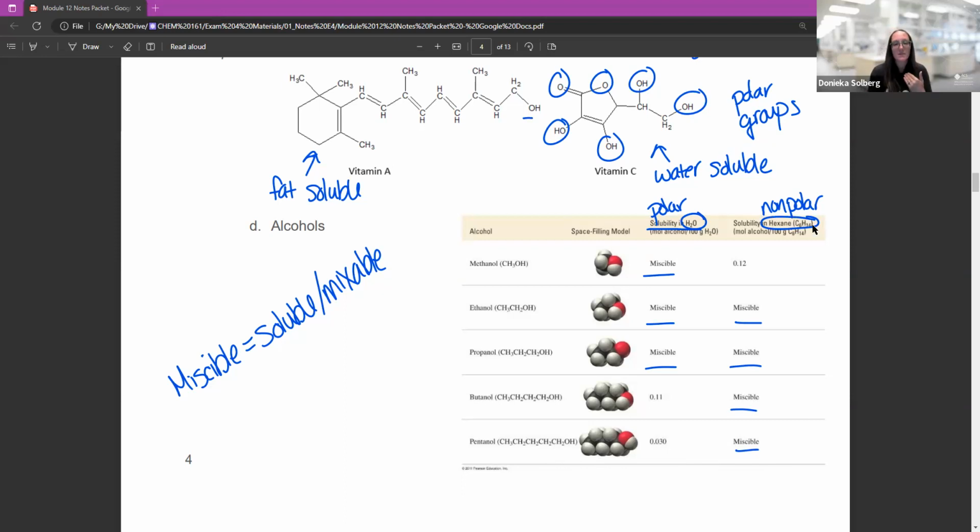Remember the whole like dissolves like thing? Hexane, C6H14, is just a bunch of carbons and hydrogens. So that is a nonpolar solvent, and this is going to be more miscible in that. So the more polar things are going to be miscible in water. The more nonpolar things are going to be miscible in a nonpolar solvent, something like hexane. Okay, so polarity really also plays into things being soluble or not.